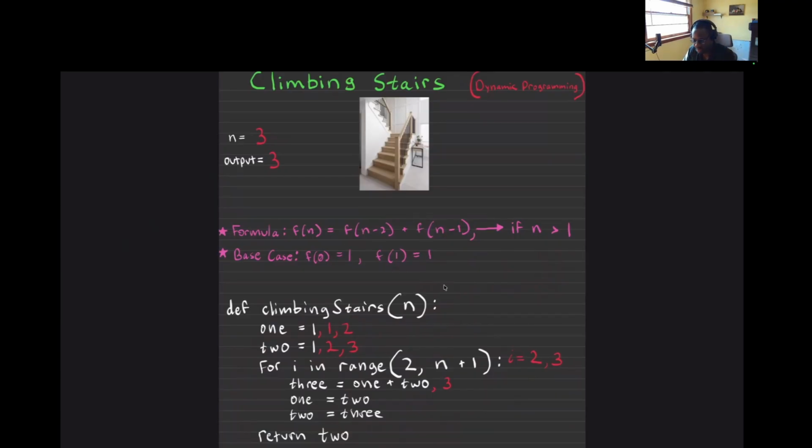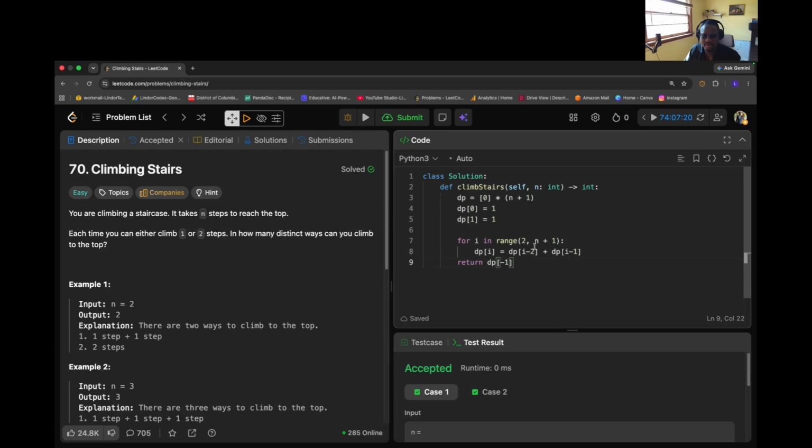Let's head on over to LeetCode, and I'll show that to you now. We don't need the dp array anymore. We're going to rename dp of 0 to one is equal to 1, and then two is equal to 1, and over here we'll say three is equal to one plus two, and one is equal to two, so two is equal to three.